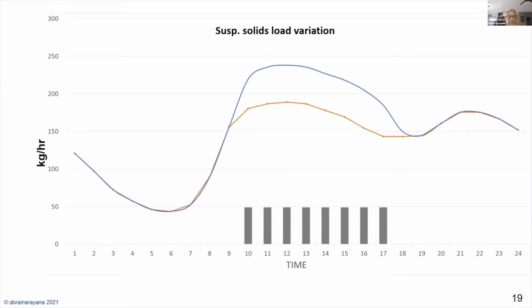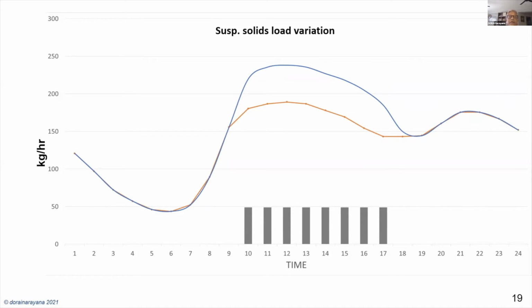But if you have a treatment process which has a long process time, for example, an extended aeration, it can go up to 18 hours or even more than that. So then the loads tend to even out over the day. But when you have something like an SBR, for example, which has a very short period for aeration time, the cycle times can be short.